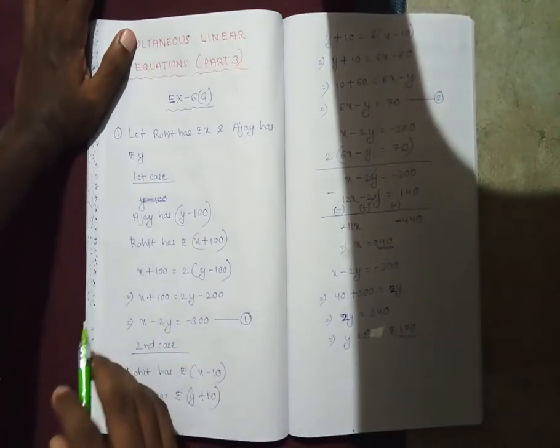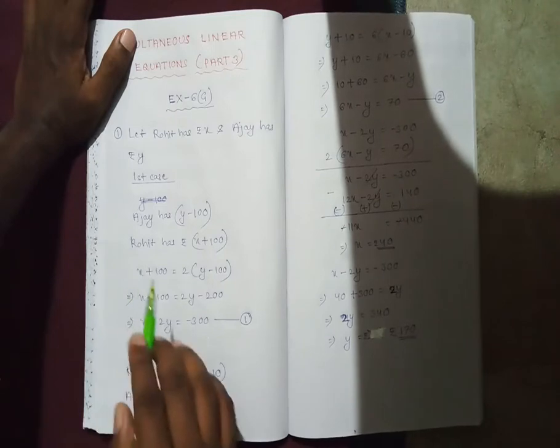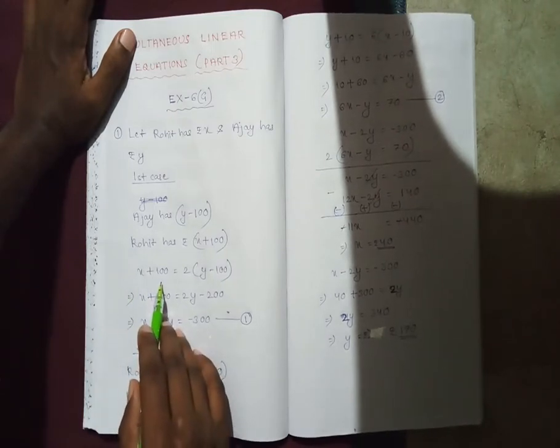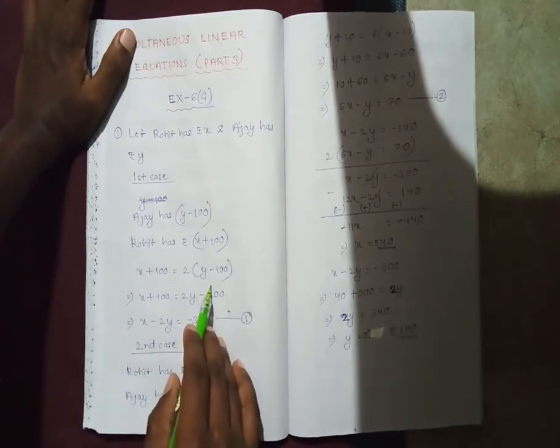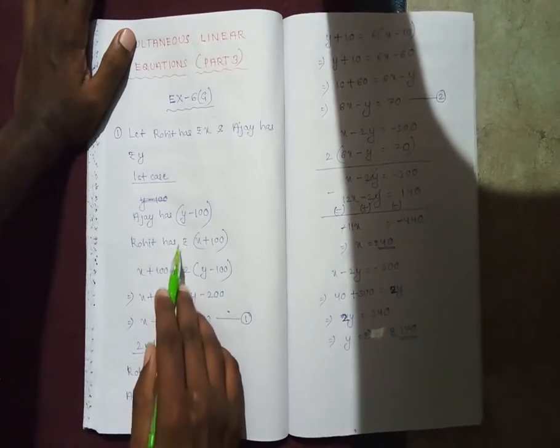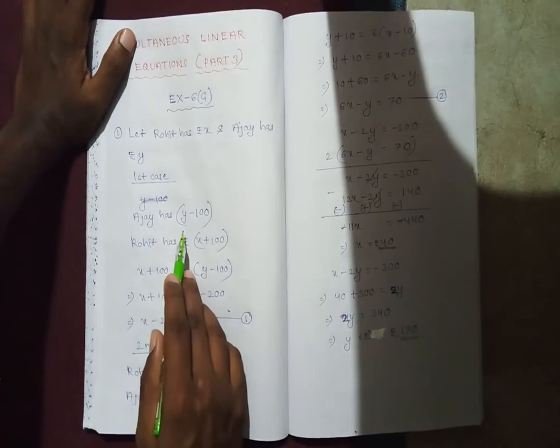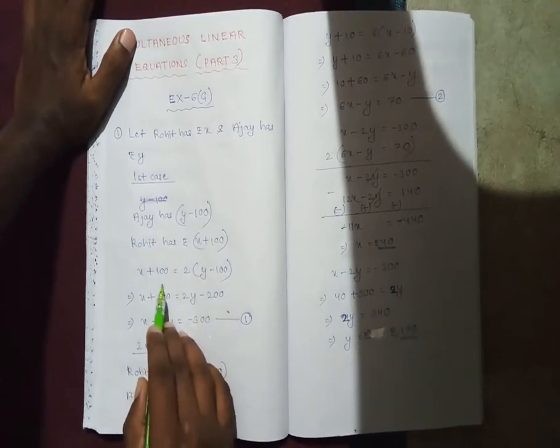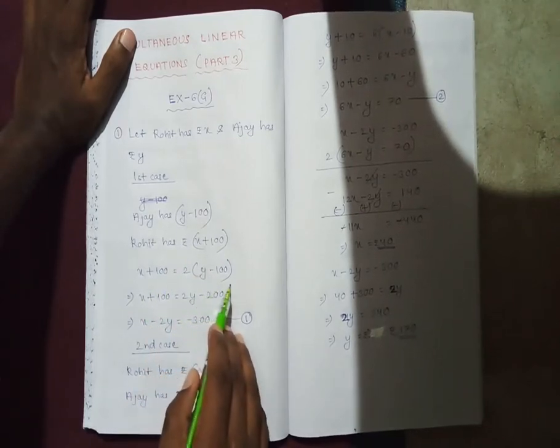According to the question, this x plus 100 is twice of y minus 100, meaning Rohit will have twice as much as Ajay has now. So x plus 100 is equal to 2 into y minus 100.